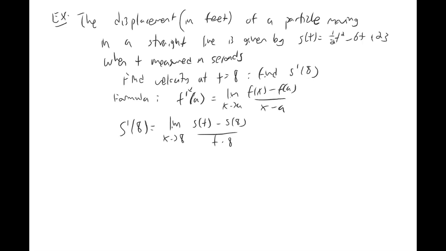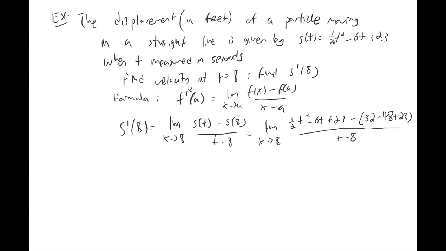From here, it's just plug in. So 1/2 t squared minus 6t plus 23, minus, you plug in 8. So 8 squared is 64, divided by 2 is 32, minus 48 plus 23. Again, please tell me if I made an algebra error.